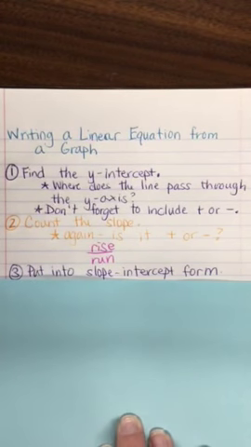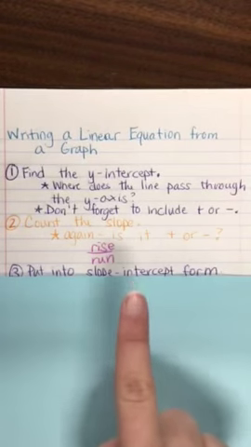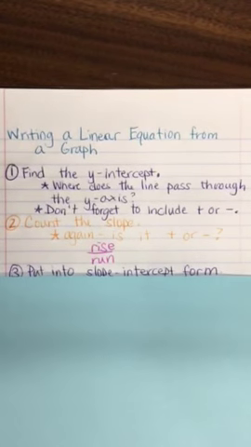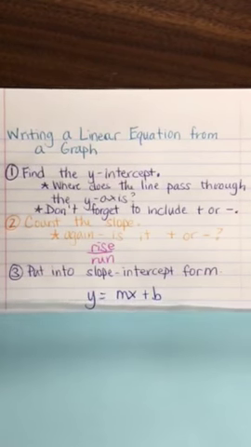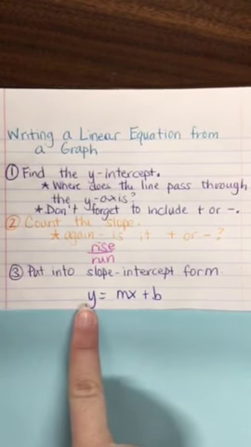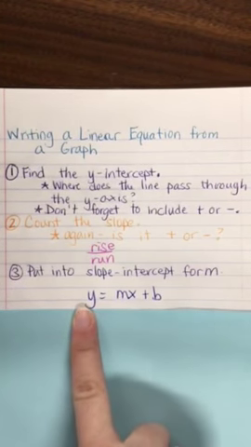After we find all of those pieces of information, both the y-intercept and the slope, all we have to do is put it into our slope-intercept form, which is the form that we worked with last week. It looks like this: y equals mx plus b. So remember, we're always going to have y as part of our equation.